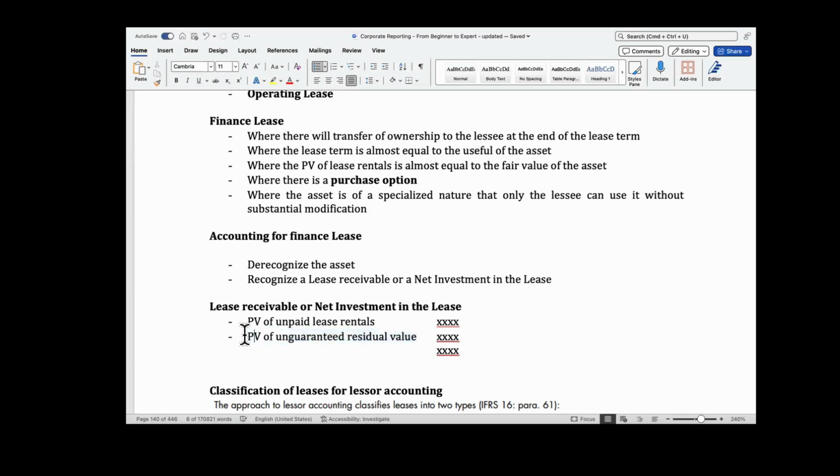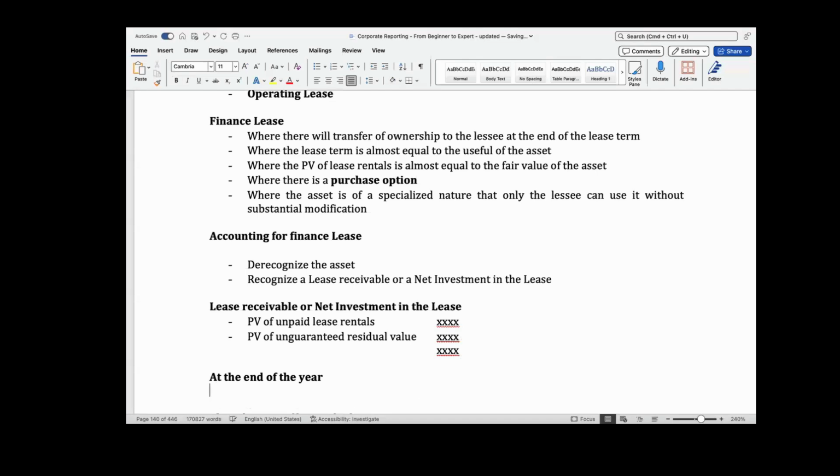And the reason why we have PV, that is present value, is because it's a future value, so we need to discount it to present value. When you add these two together, you will get the lease receivable. And this is done at the commencement date. So what happens at the end of the year? At the end of the year, the lessor will receive rentals from the lessee.